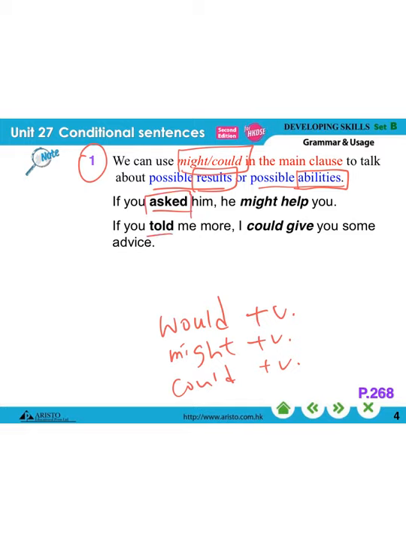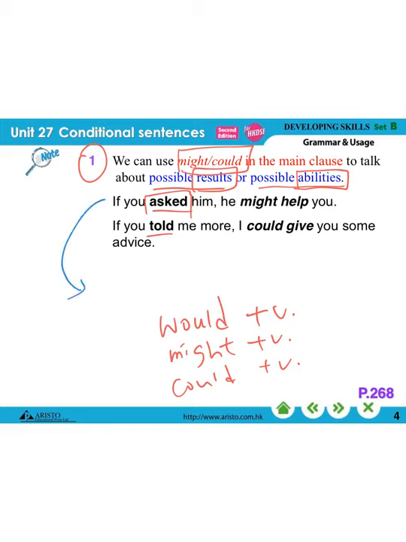If you told me more, I could give you some advice. So this is about my ability. From these two example sentences using conditional type 2, you can actually work out the reality.